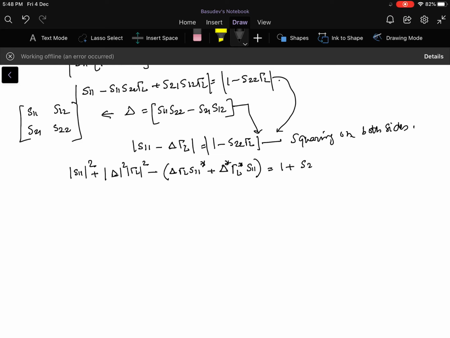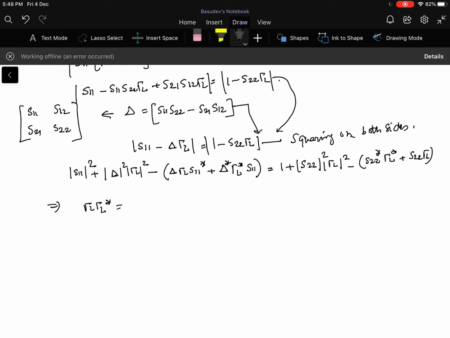This equals 1 plus |S22|²|τL|² minus (S22* τL* plus S22 τL). So from this, with a little bit of step jump, I am writing the final expression.